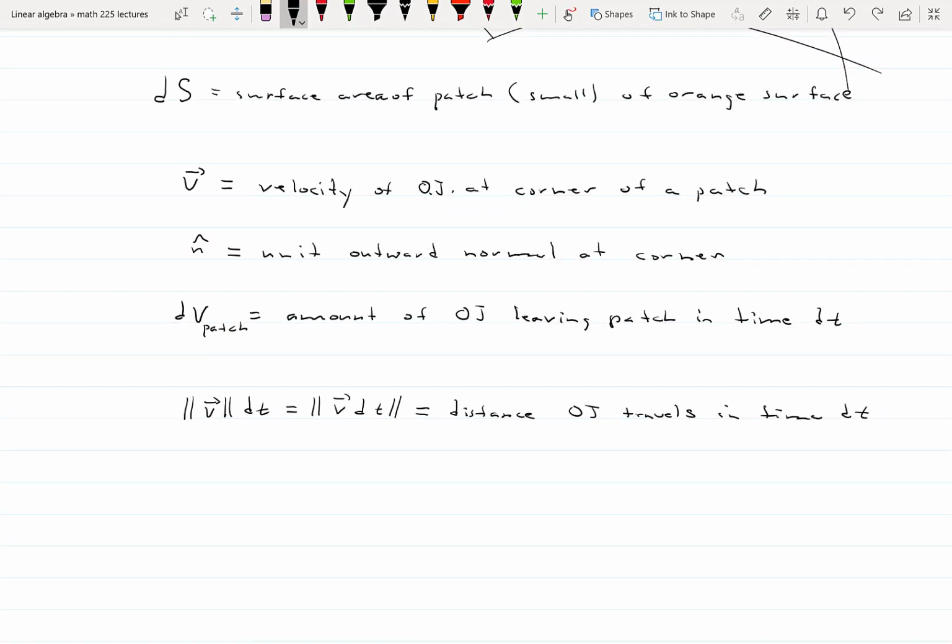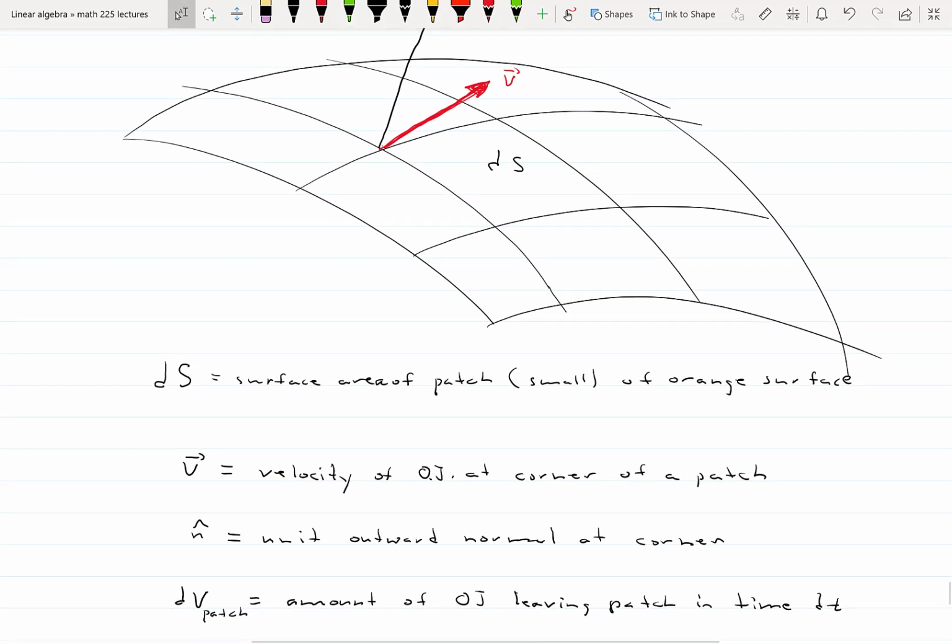So I'm going to scale down the vector v by multiplying it by dt, and I'm going to write that in green. That green vector is the distance that the orange juice has passed through the patch in time dt.